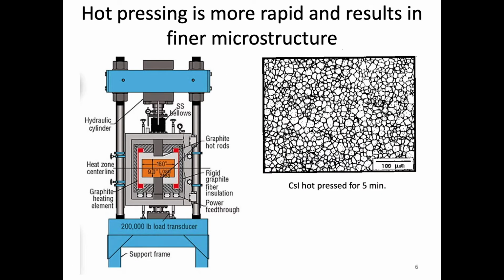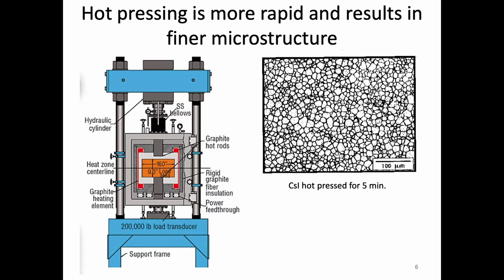Okay, so let's look at hot pressing a little bit more. As you might imagine, there are multiple variations of hot pressing. There's hot uniaxial pressing. This is very similar to what we did in the lab and what you see here. Basically, this is a hydraulic press. This is our material in here, and then we're applying compressive stress in what looks more or less like an Instron mechanical testing frame.